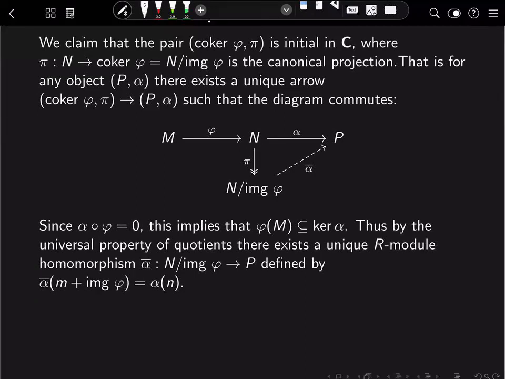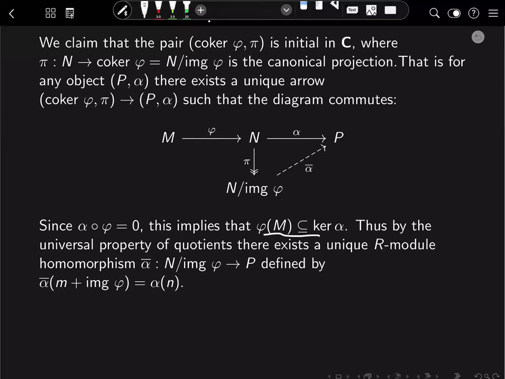Now we know that alpha composed with phi is equal to 0 by definition of the object alpha, comma, p being a member of this category. So alpha composed with phi is equal to 0. And as we said before, that implies that phi of M is a submodule of the kernel of alpha, or a subset of the kernel of alpha.